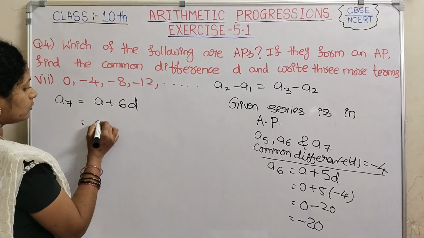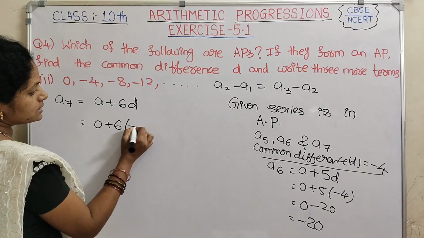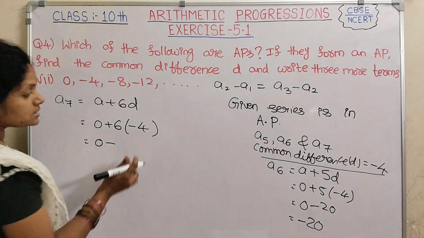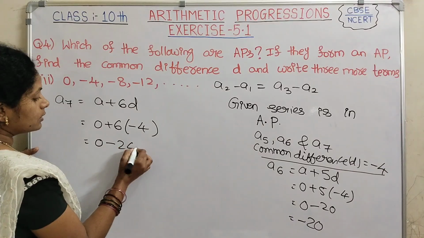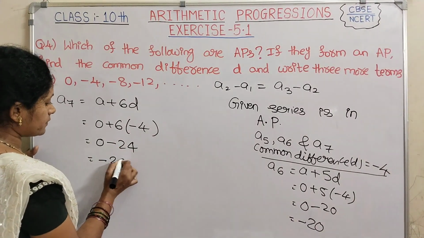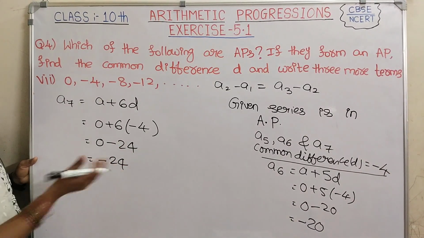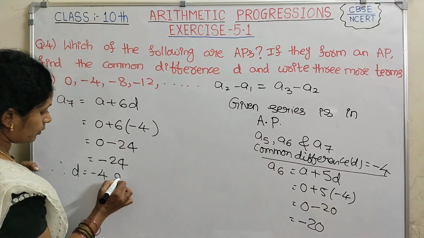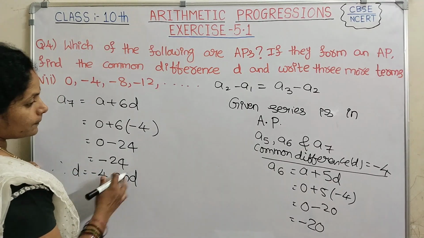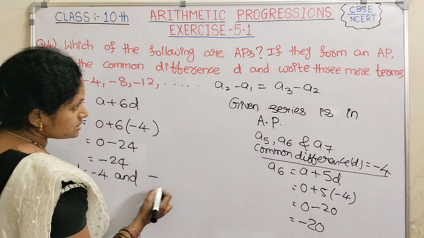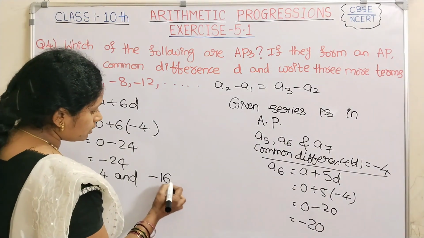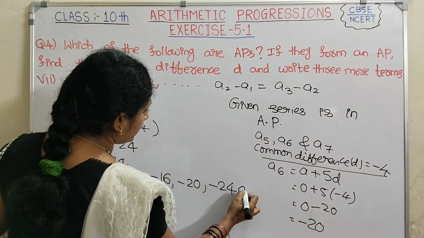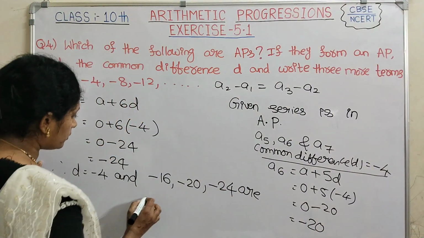A is 0 plus 6 into D, which is minus 4. Plus into minus is minus, 6 fours are 24. 0 minus 24 is minus 24. We found the next three terms. Therefore, we write D is equal to minus 4, and minus 16, minus 20, minus 24 are the three more terms.